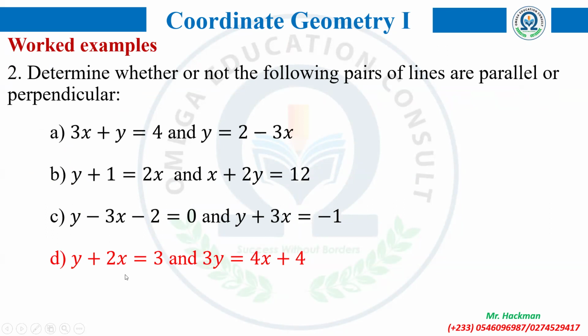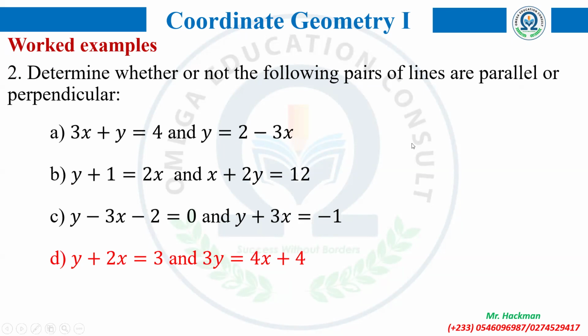Quickly, unlike the previous question, where you were given points and you could find a gradient from points, here you are given the equations of lines, and you are supposed to determine whether the lines are parallel or perpendicular. You don't have points to get the gradient, but remember where we are coming from, we now know how to find the gradient of any line from its equation. Is that clear?